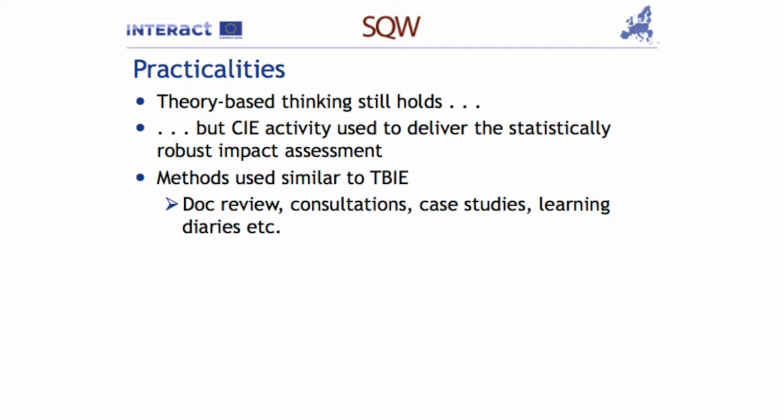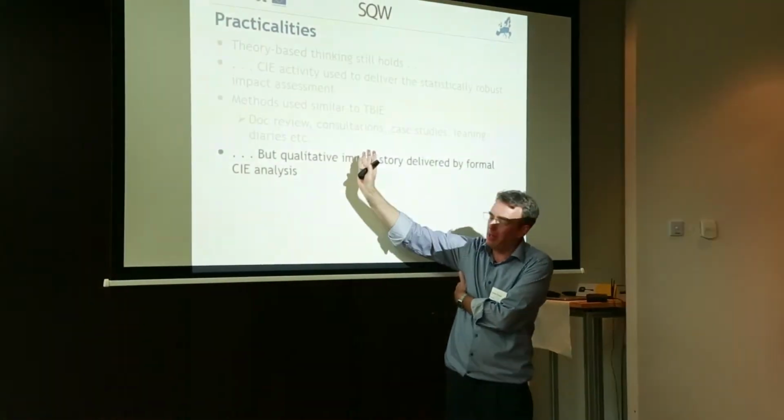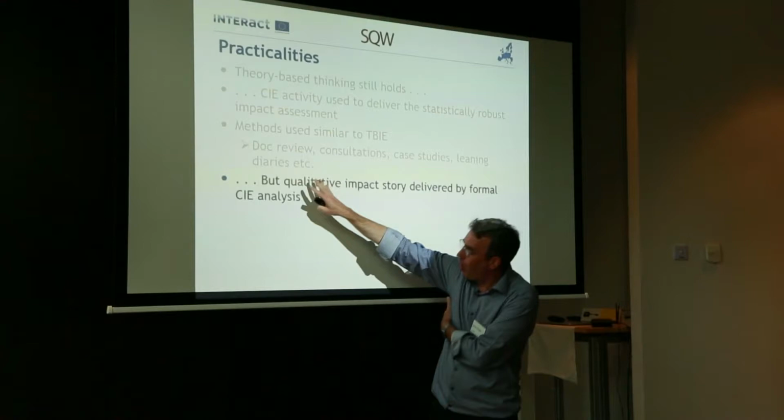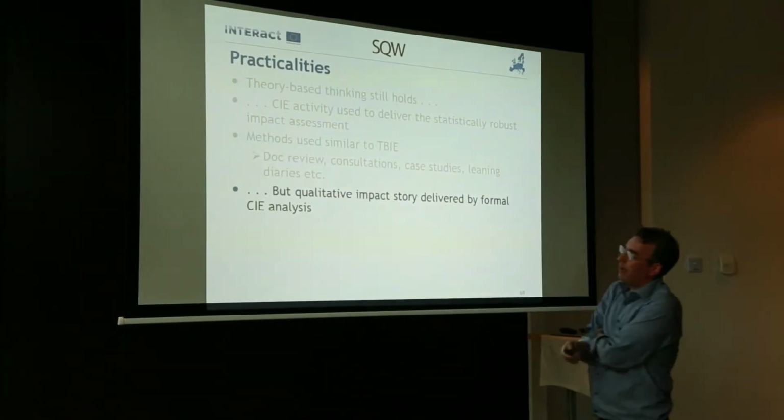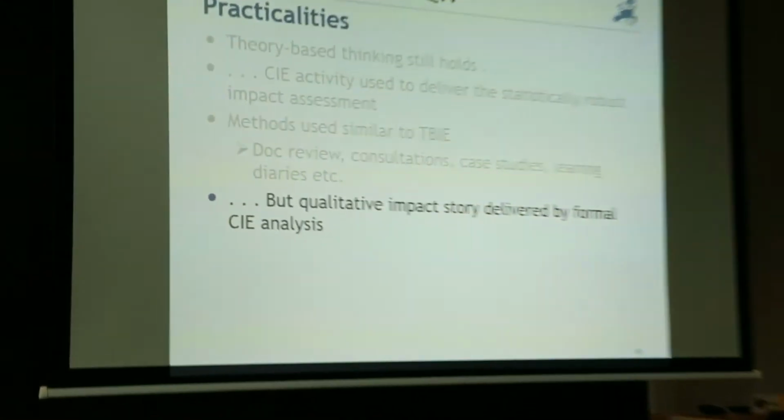Statistically robust, it's copper-bottomed with the numbers, in a way that we're not able to give always for theory-based. Counterfactual impact assessment does use similar methods, so documents, reviewing the context, consultation, case studies, learning diaries. The quantitative impact story is delivered by formal counterfactual impact analysis.